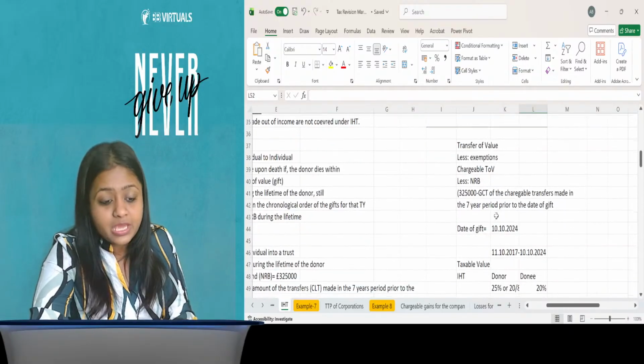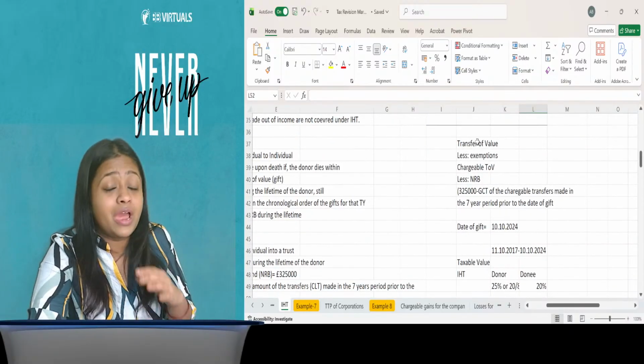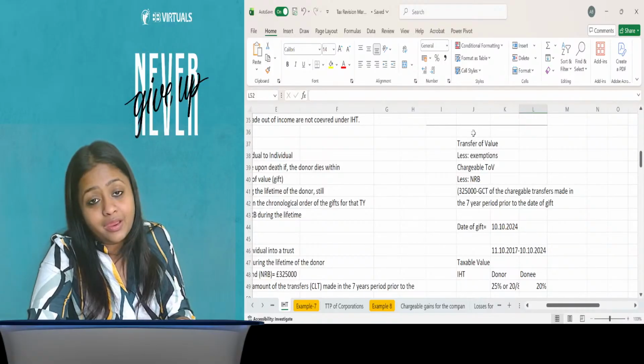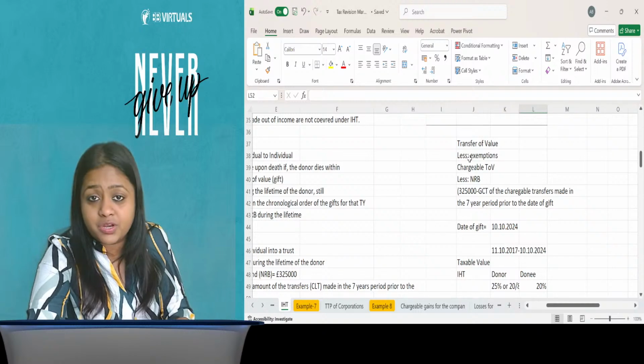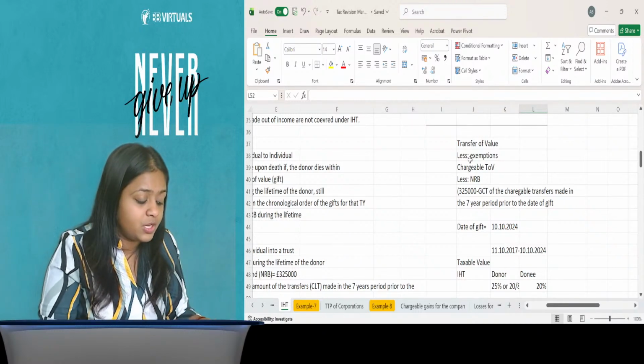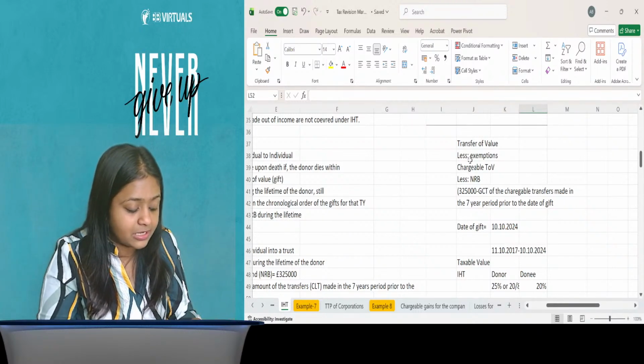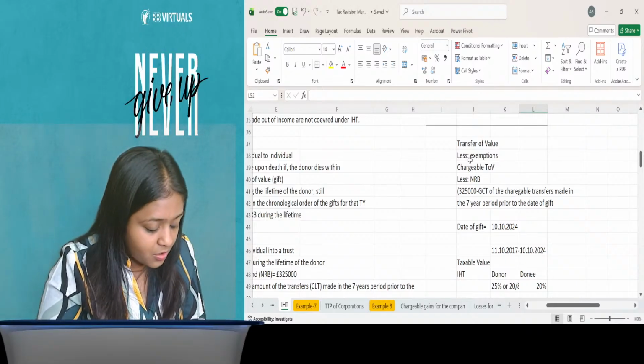So we know the proforma now and it is to be followed in the same way. Start with transfer of value, write the exemptions, whatever is to be reduced. Most commonly, you will find only the annual exemptions being reduced.